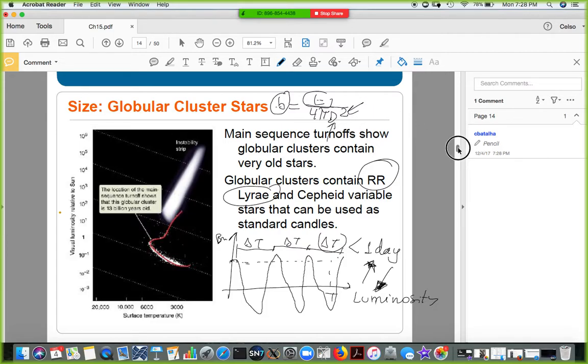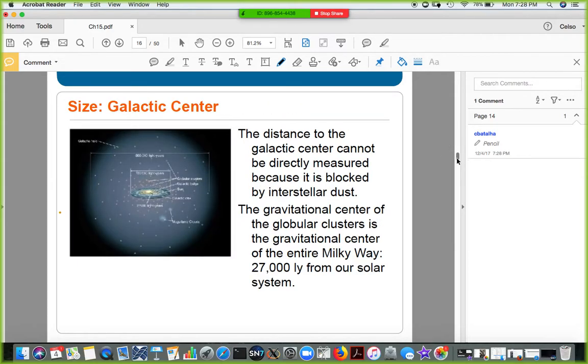So what Shapley did was find and map all the globular clusters, and he found RR Lyrae in them, and he was able to establish distances to these objects. Based on where they happen to be located, he could determine the position of these globular clusters.